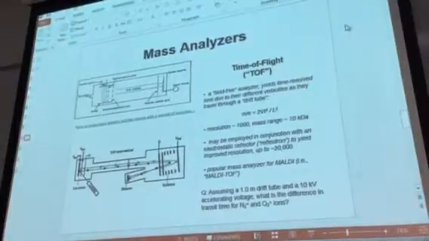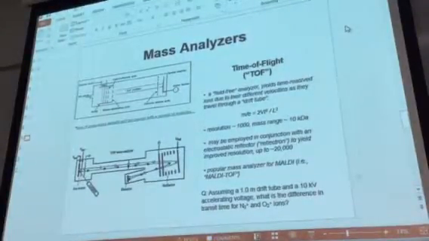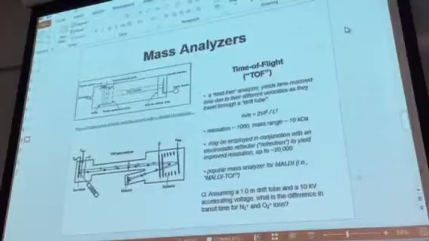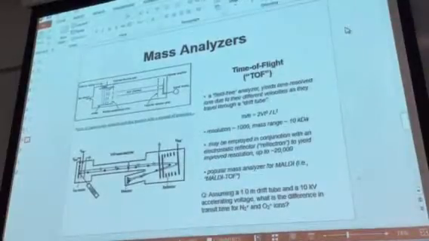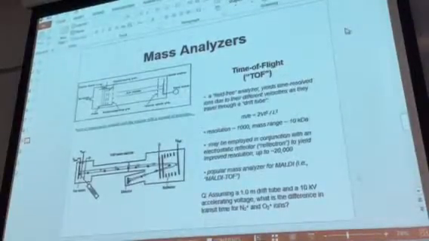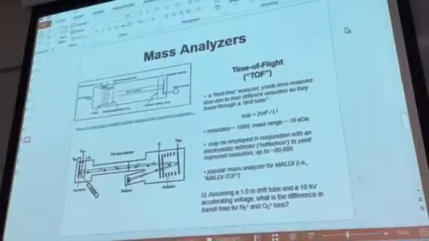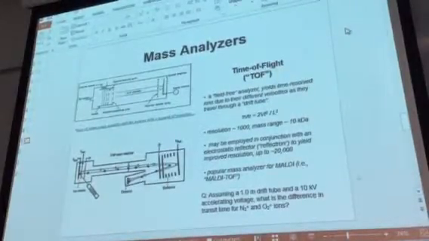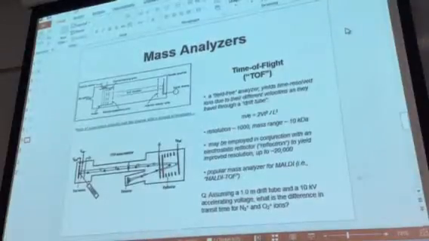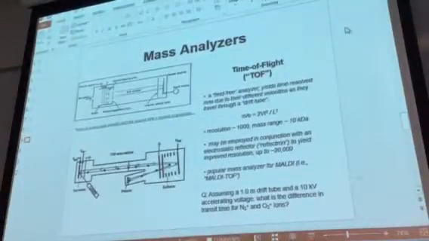As we saw for the magnetic sector, it's based on a spatial separation of those ions of different mass to charge ratio by the Lorentzian interaction with the magnetic field. And we'll see a couple other examples where electric fields are involved. In this case, no field. It's a field-free region, time of flight.